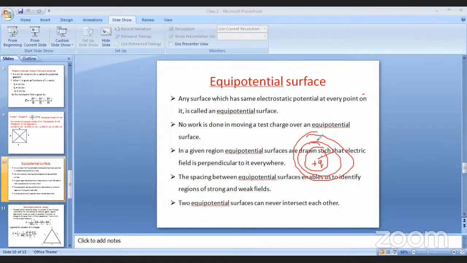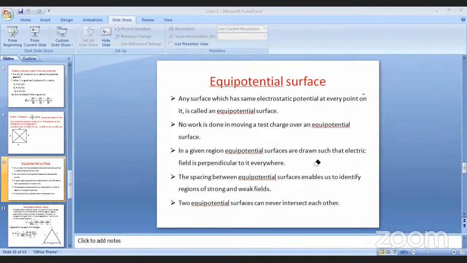And moreover, when you draw the electric field lines, the electric field lines will be perpendicular to the equipotential surface. So usually we draw equipotential surfaces like this only. So that's what it has been given here. In a given region, equipotential surfaces are drawn such that electric field is perpendicular to it everywhere.